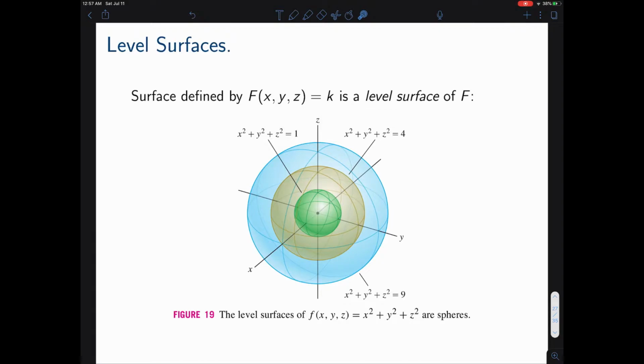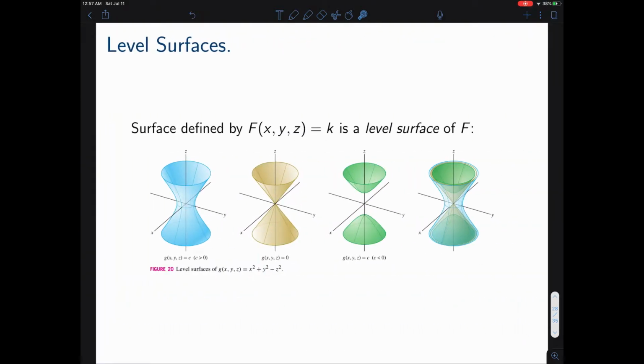For example, if f of x, y, z was x squared plus y squared plus z squared, if we set that equal to 1, 4, or 9, we would get these spheres. And you saw this graphic as well. This time the function is x squared plus y squared minus z squared, and setting it to different constants gives us different surfaces.